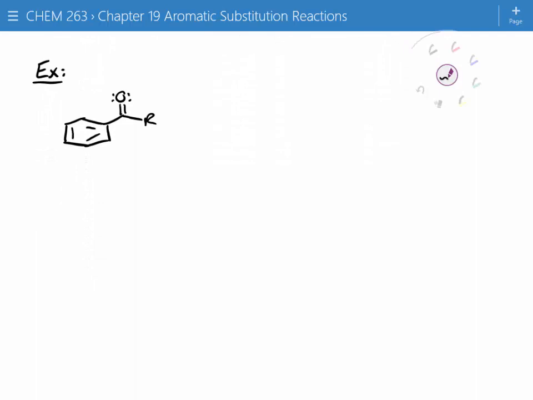So, can I do that? No, not without violating our octet rule. We get a five-bonded carbon, so it's simply not allowed. But what we can do is push electrons out and up. Now we've got a positive charge there.